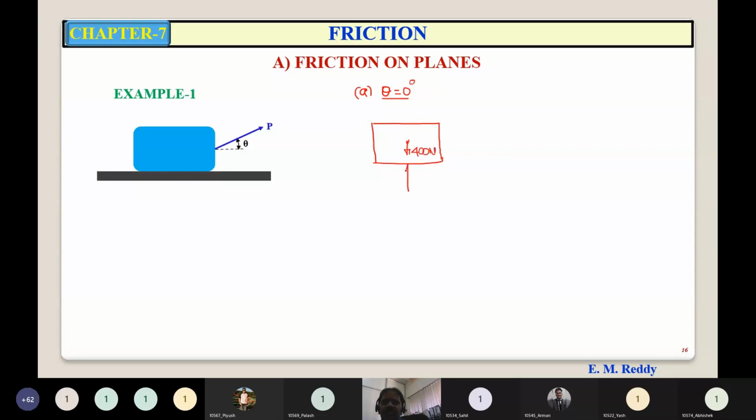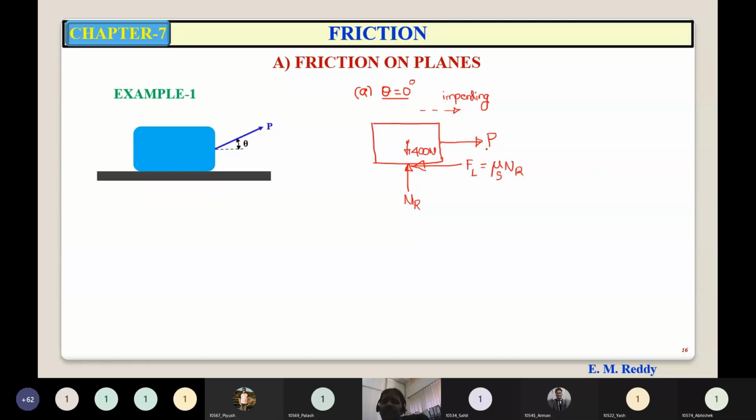The normal reaction offered by the plane, I will call it NR, and the applied force P, theta is 0 here, and the body is in limiting equilibrium. You have to find the force required to cause the motion. When the body is in limiting equilibrium, the friction force developed is the limiting friction, which is equal to the coefficient of static friction into normal reaction.